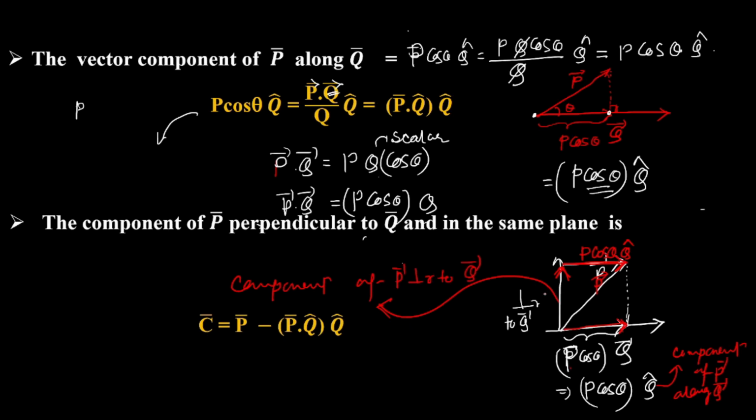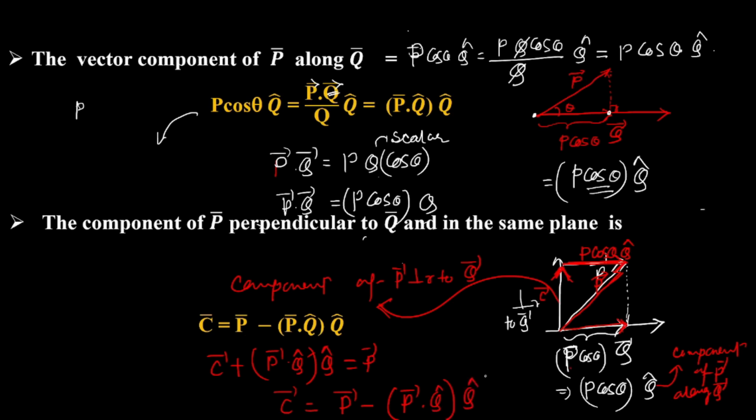Now if this is the C vector, then by the triangle rule, the C vector plus this vector, that is P dot Q cap into Q cap, is equal to the P vector. From this, the component C vector of P in the direction perpendicular to vector Q is written as P vector minus P dot Q cap into Q cap.